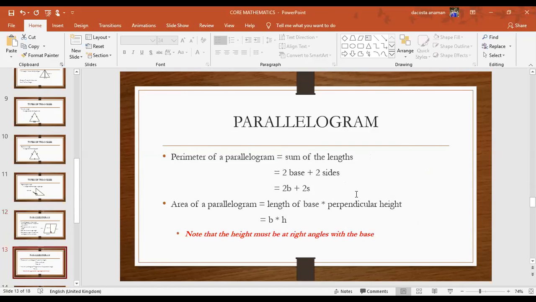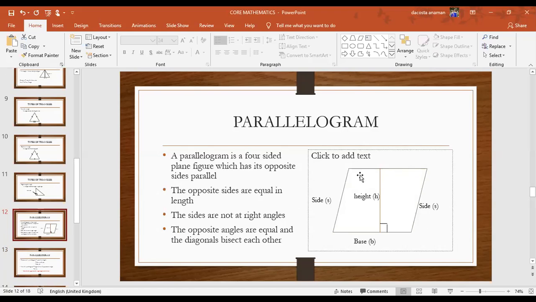Now, for the perimeter of a parallelogram, you sum all the lengths. As we already know, the perimeter is the length around any plane figure. So going around this parallelogram will give us the perimeter. We have one side here, another side here, one base here, and another base here, which are equal in length.